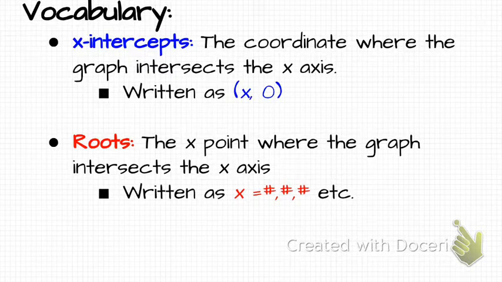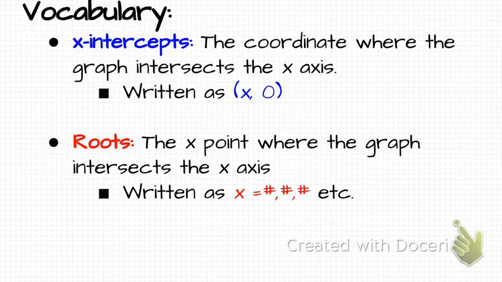Notice that for x-intercepts, they're written as x comma 0, but for roots, we just write them as a list of numbers. So it would be written as x equals a number, comma, a number, comma, a number, etc., depending on how many there are. So maybe for an x-intercept, you might write the x-intercepts are 1, comma 0, 2, comma 0, 4, comma 0. But for roots, you would just write it as x equals 1, comma 2, comma 4. You don't need to write them as coordinates.